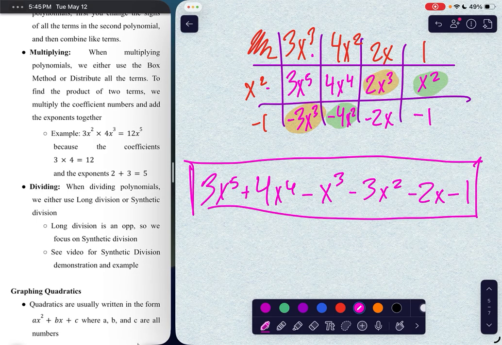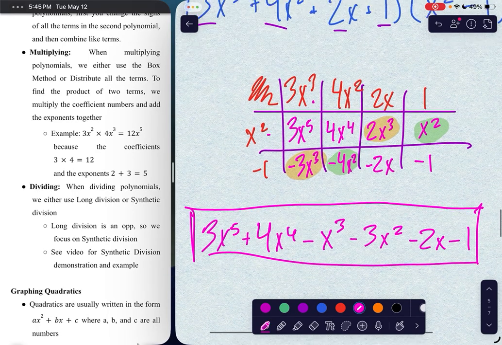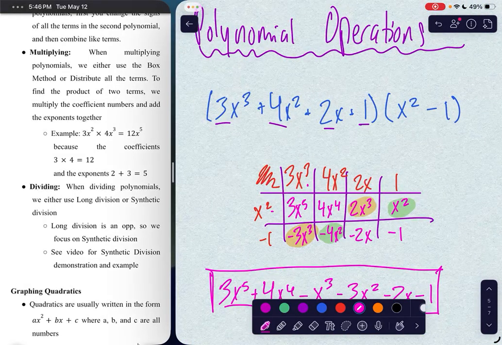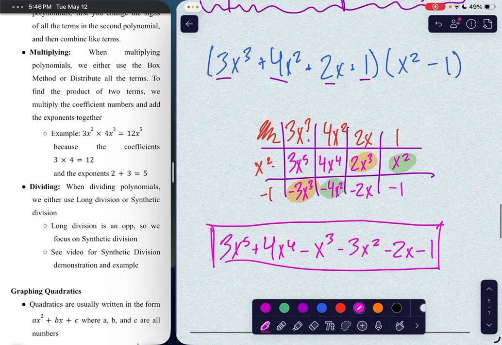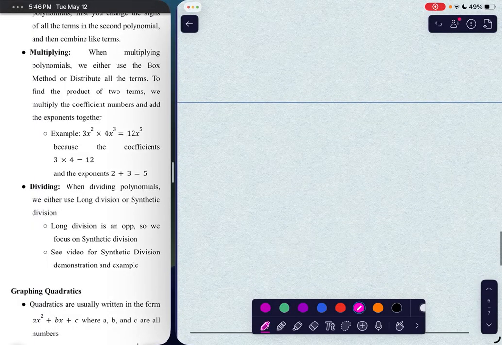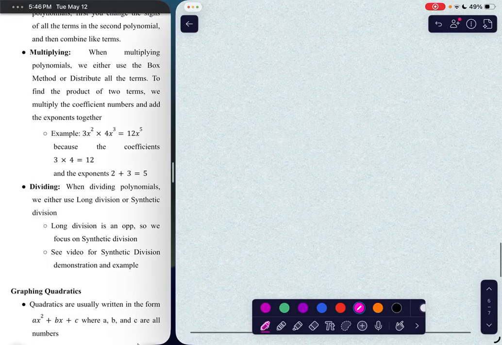So that is how you multiply polynomials using the box method, and then direct distribution with the other way. So that is multiplying, and now let's talk dividing.